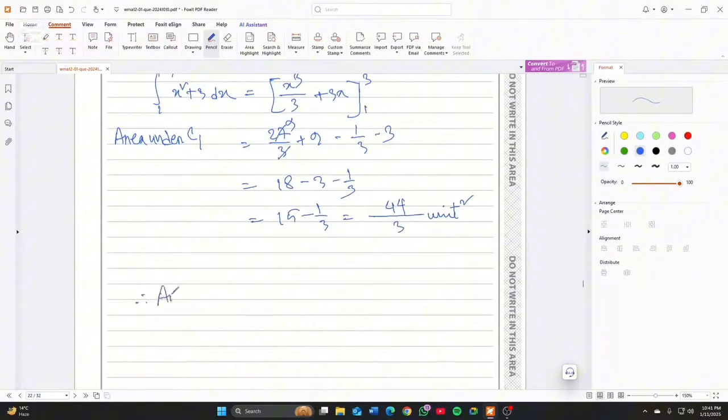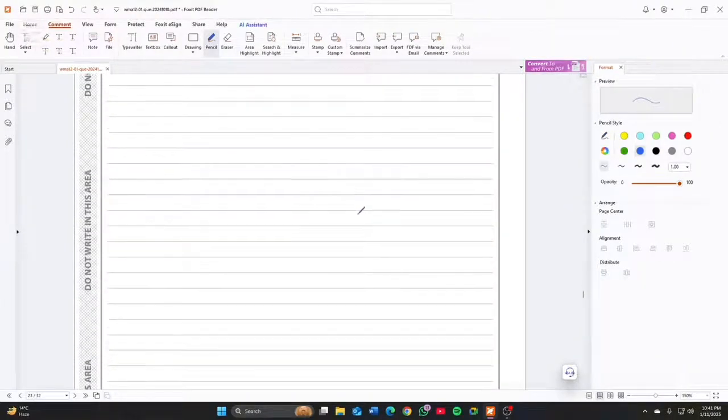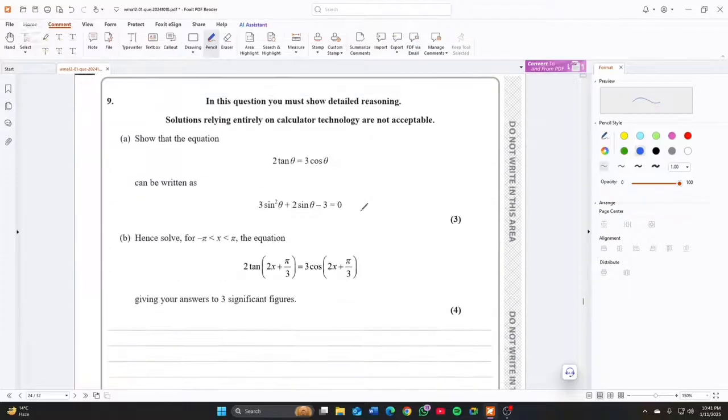Therefore, area of R would be 20 minus 44 by 3. So 20 minus 44 by 3 gives us 16 by 3 unit square. Answer. Done. Moving on to the next question, question 9.